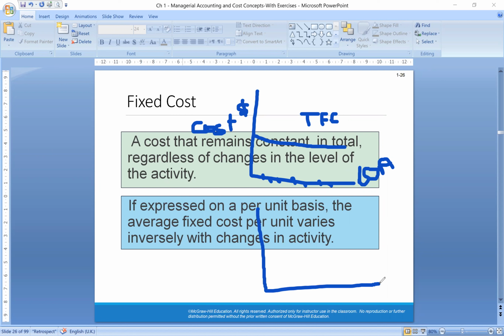Let's draw it. Suppose that I'm talking about the same example, we are paying $1,000 as a rent, one example of fixed cost. Suppose that I'm producing only one table.